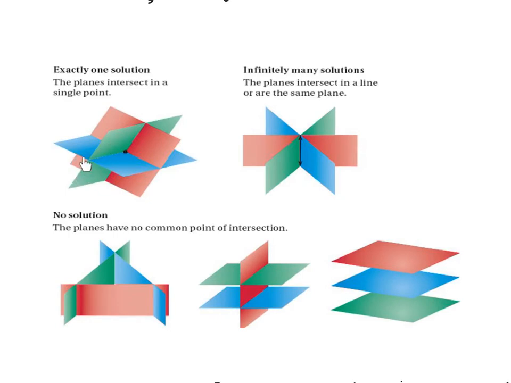We can have 3 planes interacting in such a way that they're all perpendicular to each other, forming one unique solution like this. Or we can have planes intersecting in such a way that the intersection is a straight line, and there's infinitely many points on that straight line, so this would be a case of infinitely many solutions.